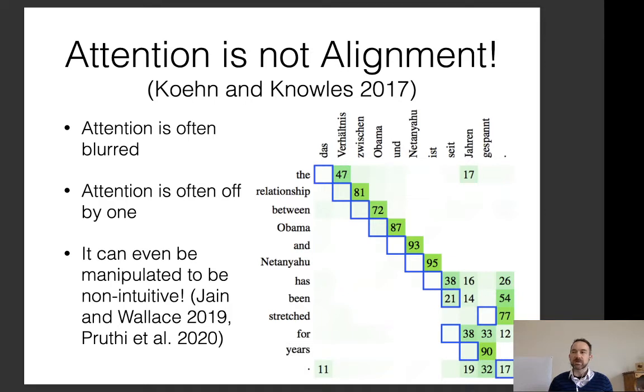This is just something to be aware of, especially when you want to use attention for interpreting decisions or something like this. And in fact, there's even research that demonstrates that attention can be manipulated so that it focuses on things other than the things that you think should actually be important to solve the problem. So just a quick caveat here.